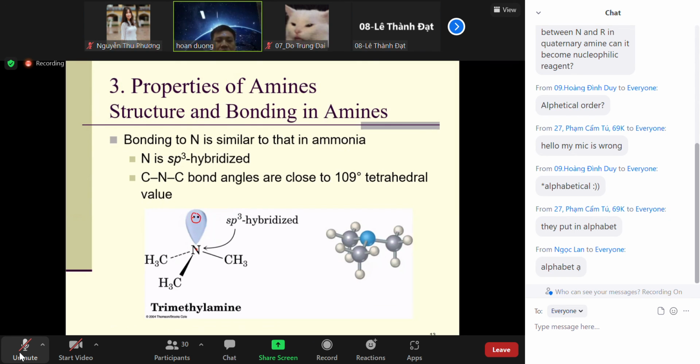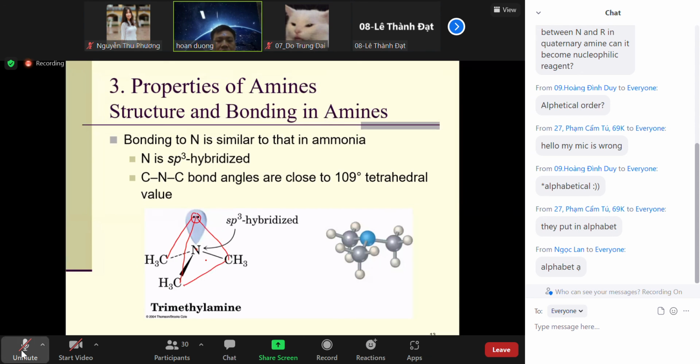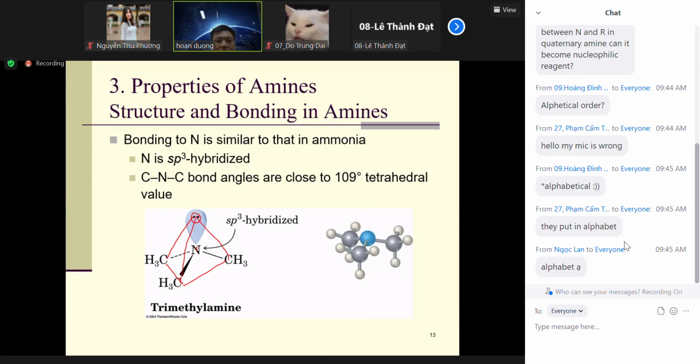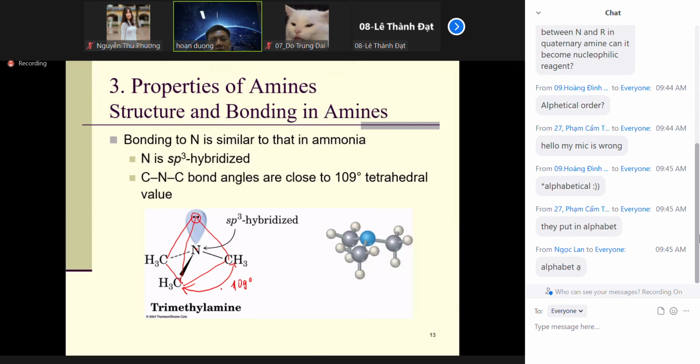Okay, so now you put here, if you draw the hero, that should be in the middle of the tetrahedron. So that is why here is about 109 degrees. Okay, 109 degrees. It's really simple, right? It looks like the same as CH4, right?